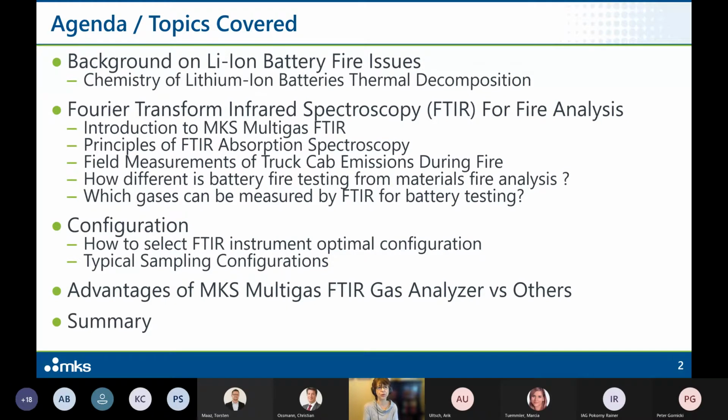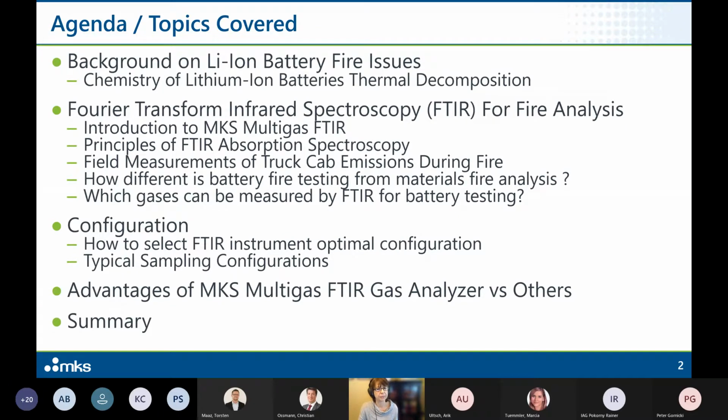I'm not an expert on lithium-ion battery chemistry. However, doing some searches, we did look through and looked at the gases that can come out from a chemistry perspective.